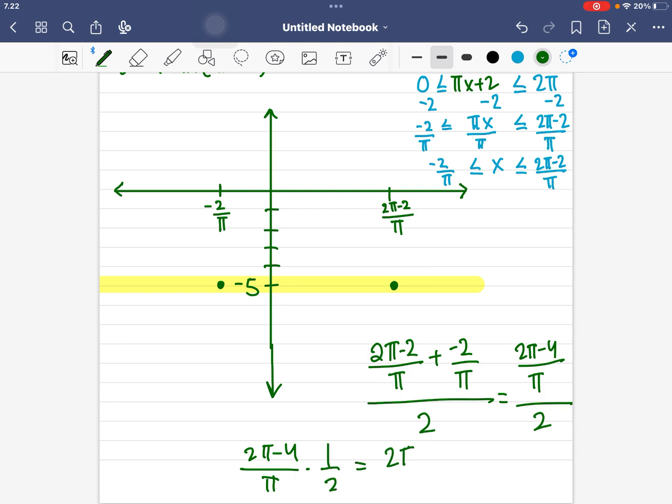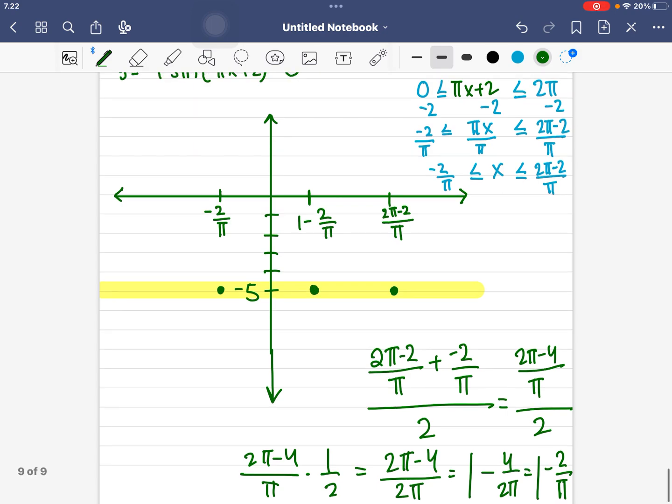So I get 2 pi minus 4 over 2 pi. I'm going to simplify that. That's going to be 1 because 2 pi divided by 2 pi is 1, minus 4 over 2 pi. That's 1 minus 2 over pi. So your midpoint here should be 1 minus 2 over pi. So that's your other point. So you're almost there.